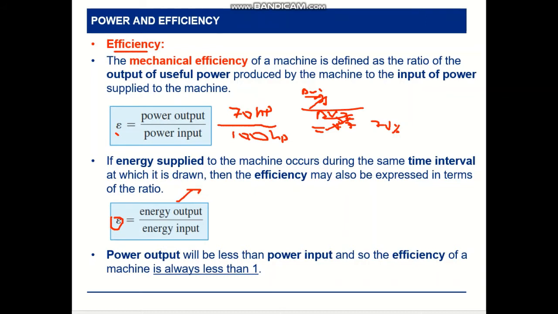Power output will be less than power input, so the efficiency of a machine is always less than 1.